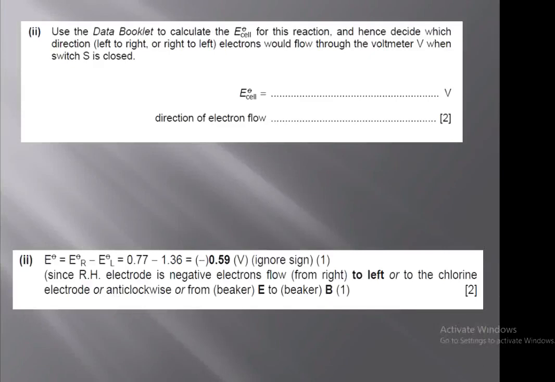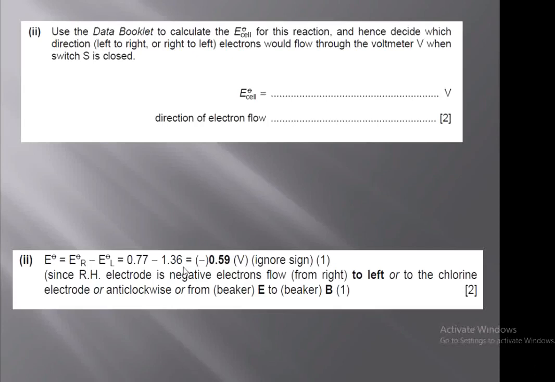For the calculation, we write E theta equals E right hand side minus E left hand side. That becomes 0.77 minus 1.36, and the answer comes out to be minus 0.59. Here he has shown to ignore the sign at the bottom of the slide, because the electrode whose potential is higher or more positive is drawn on the right hand side.